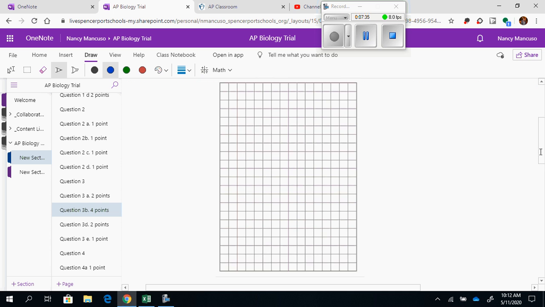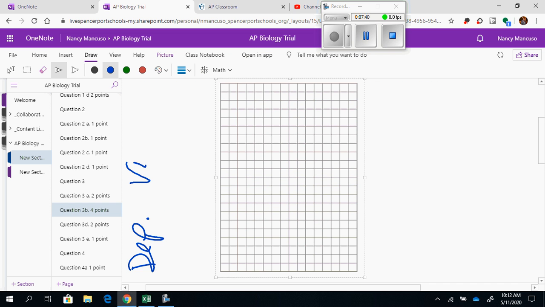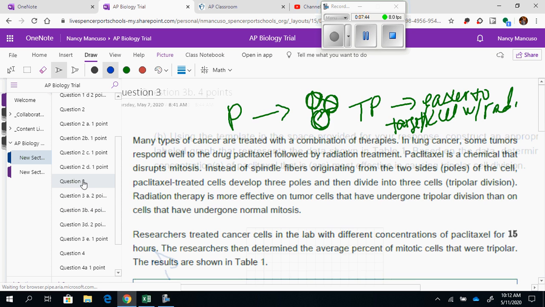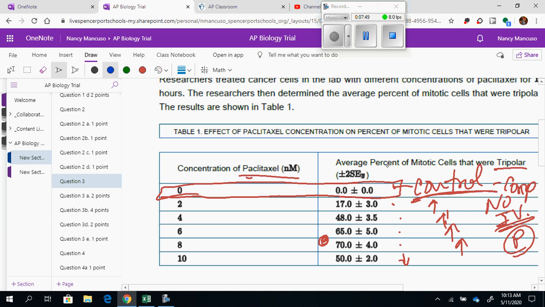The dependent variable is what you measure. That is always on the y-axis. So here's my dependent variable, always on the y, and I go back to the question, and what they measured was the average percent of mitotic cells that are tripolar.